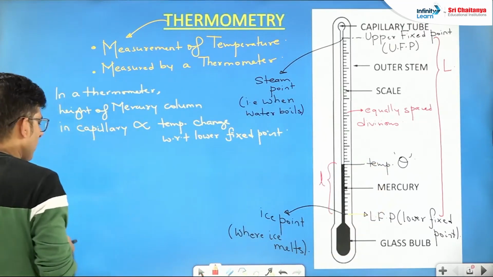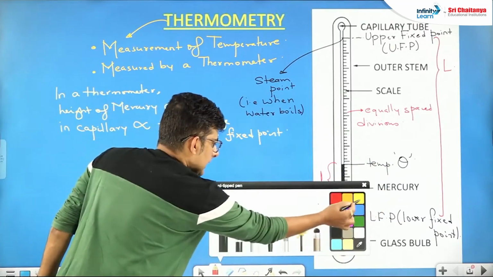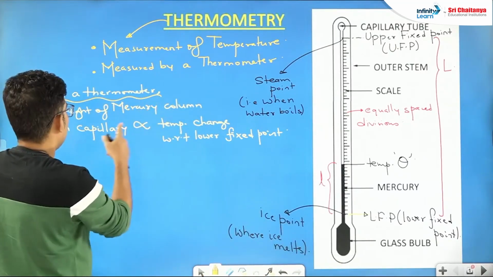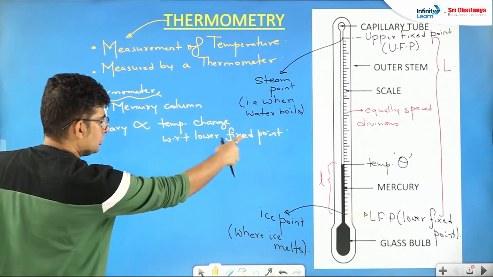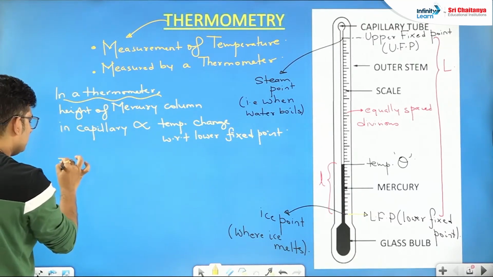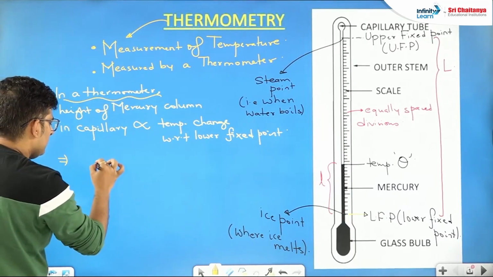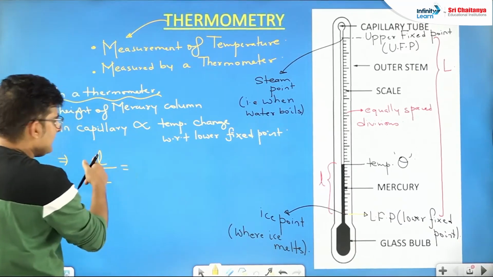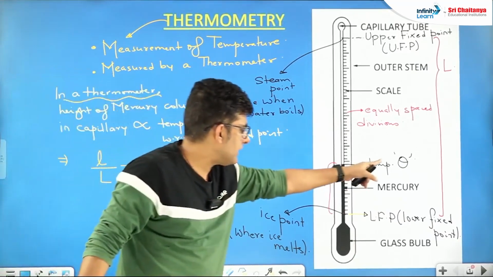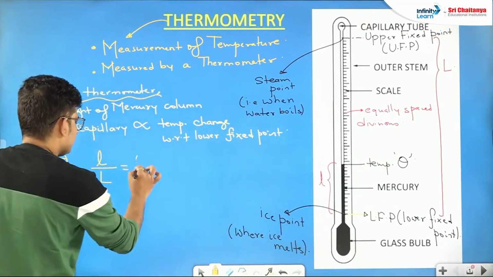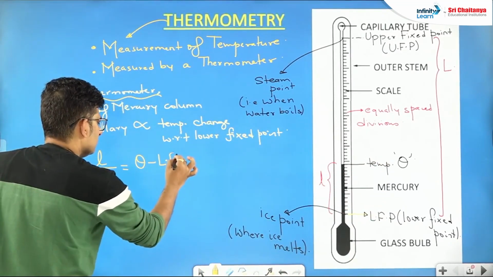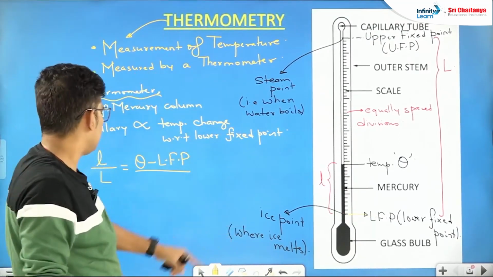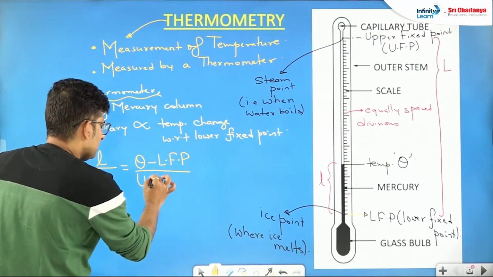So for any thermometer we have this property that the height of the mercury column is directly proportional to temperature change. So we can say if I take small l by capital L, for small l length, what is the temperature change? Theta minus LFP. And when you take capital L, what is the temperature change?